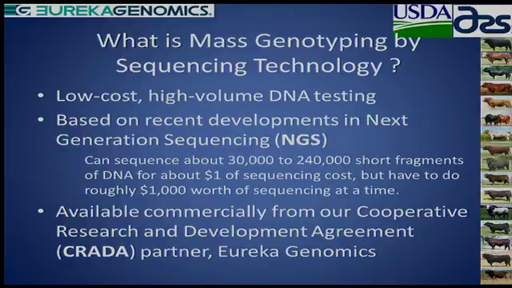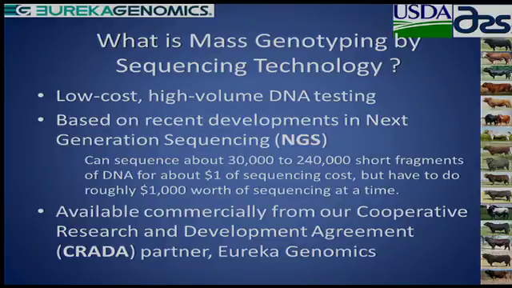It's a very high throughput, low cost way to generate DNA sequence information. And with that technology, we could generate the sequence of anywhere from around 30,000 to 240,000 very short pieces of DNA for about $1 of sequencing cost. So that's an enormous amount of data at a pretty low cost.